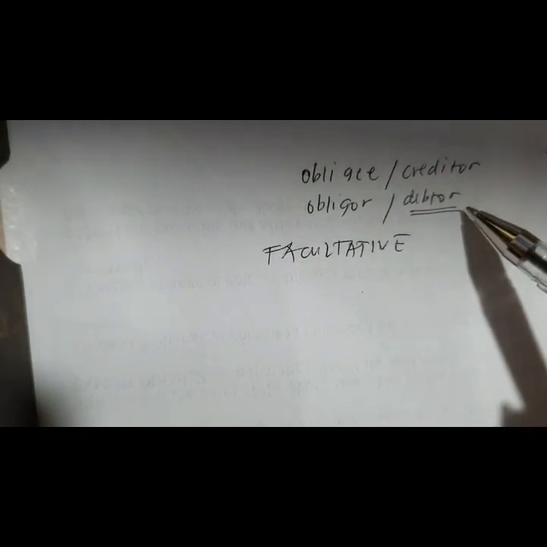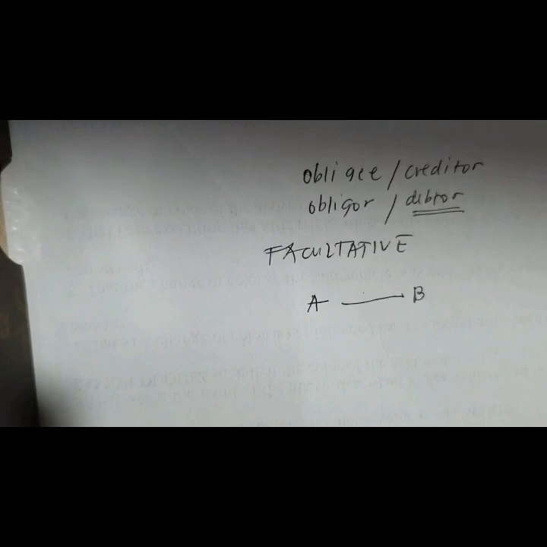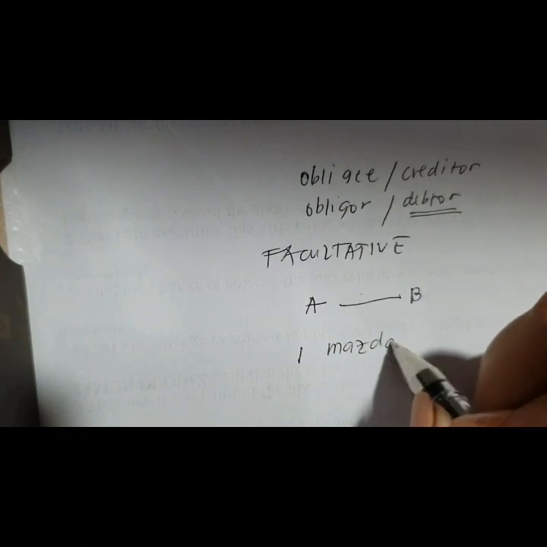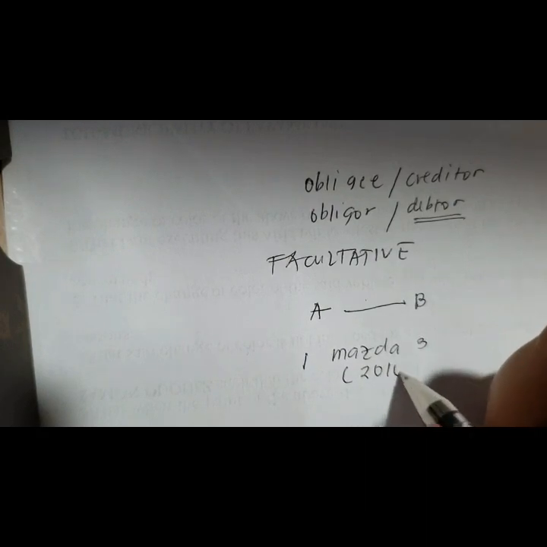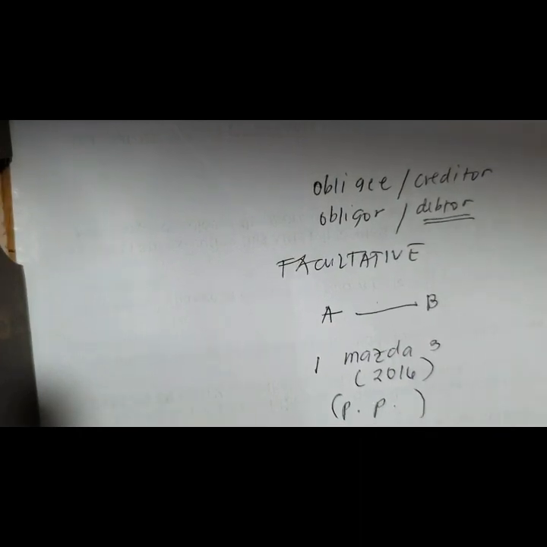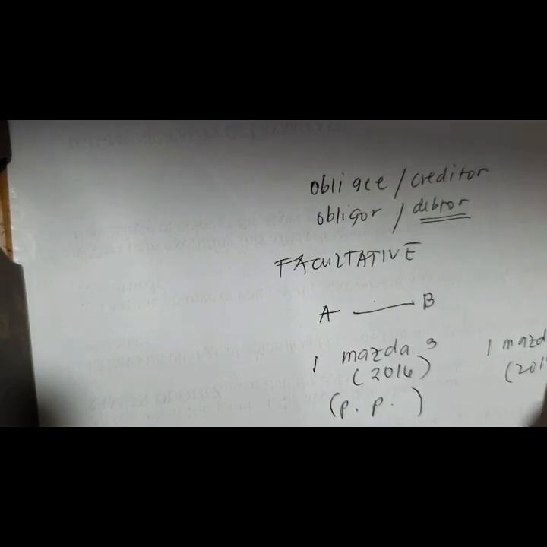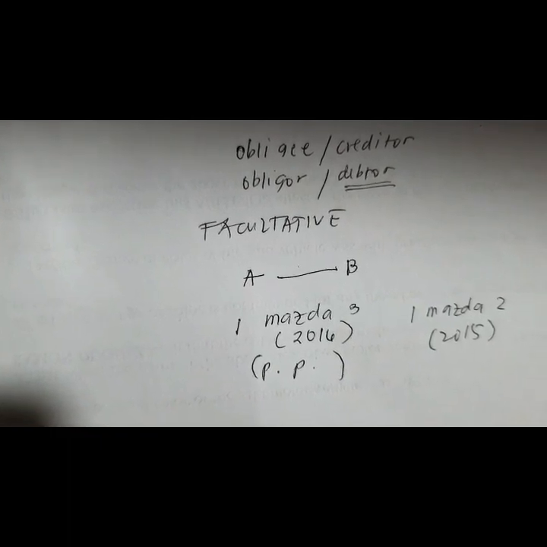Now, si debtor, si A, meron siyang obligation kay B na magbigay ng isang Mazda 3, okay, na car, 2016 model. Okay, yan ang kanyang principal prestation. Okay, meron siyang substitute na inilaan. Ang substitute niya ay isang Mazda 2, pero 2015 model.